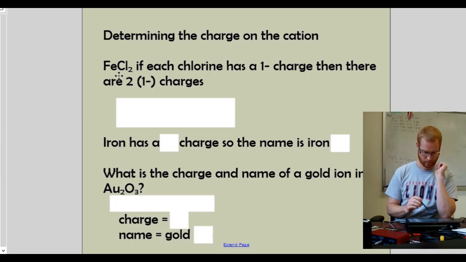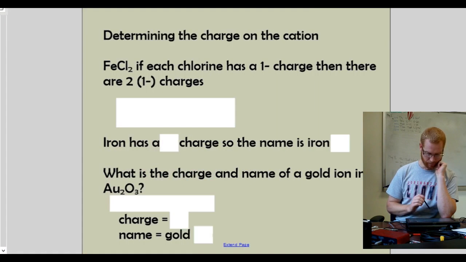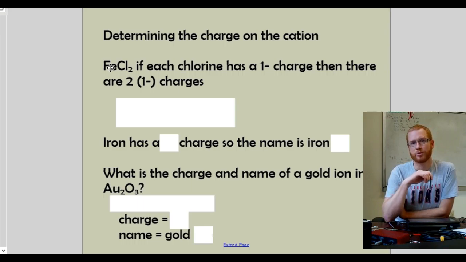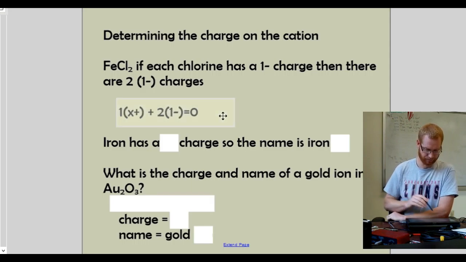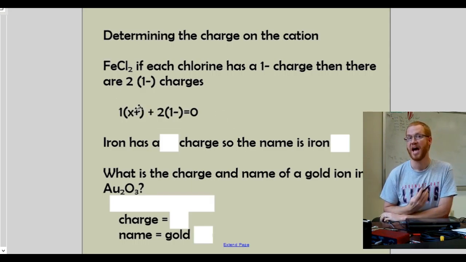For instance, FeCl2. Chlorine is a halogen, and so it has a -1 charge, and we see here that there are two of them. There's only one iron. So we can set up an algebraic expression for this. One iron that has a charge of X. You could call it whatever you want.